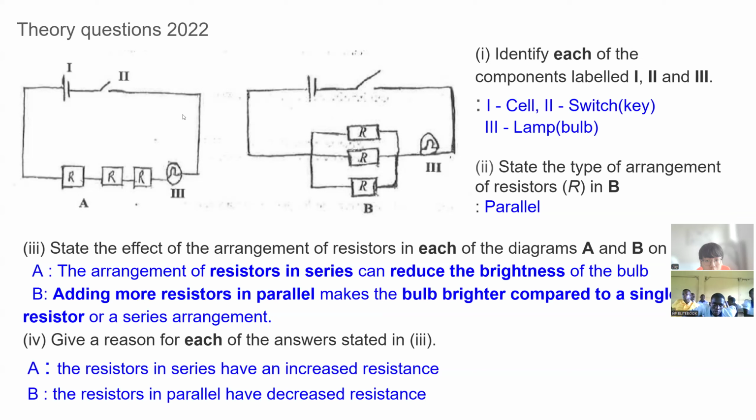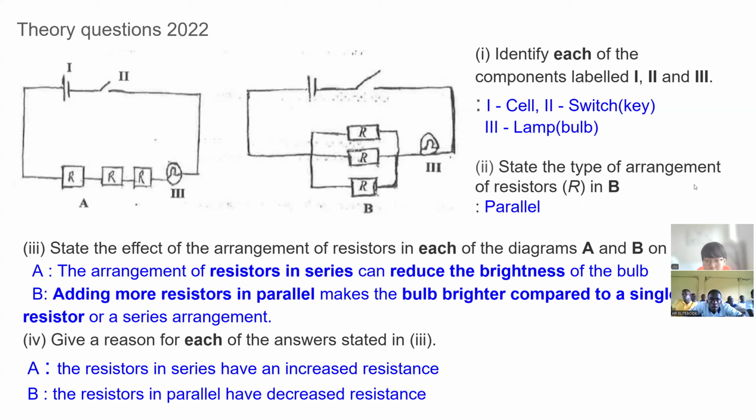Yes, 2 is a switch. And this is a little difficult. What is 3? Yes, 3 is a bulb. It is a lamp or a bulb.